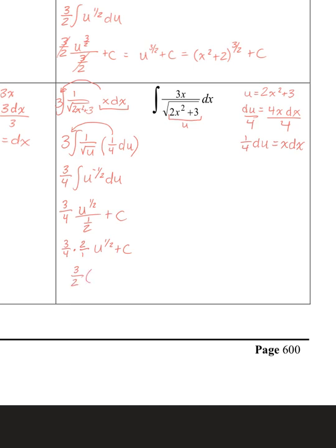Then I'm going to go ahead and change this back into terms of x. So (2x squared plus 3) to the 1/2 plus c. Okay? And again, if you're ever in doubt of whether or not you're right, just take the derivative and see if what you get back is in fact what you started with. Okay? So as of right now, I encourage you to check out page 603 of the homework. Try a few of those problems to make sure that you get this down before you continue.